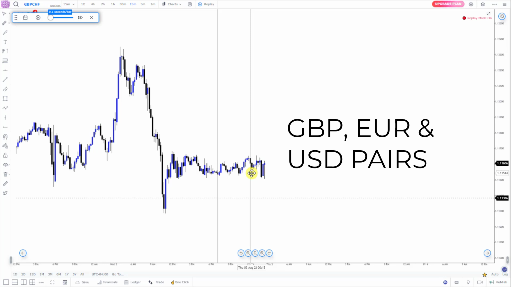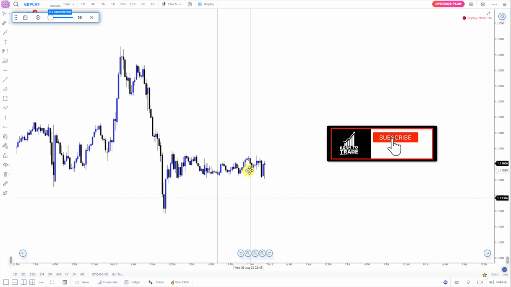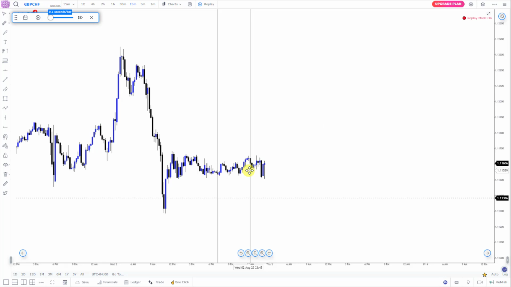If you look at the AUD pairs, the NZD pairs, and the JPY pairs, that is Japanese yen, waiting for those pairs to accumulate during the Asian session, I don't think you might actually get that. So it's important you focus on the GBP, Euro, and USD pairs.